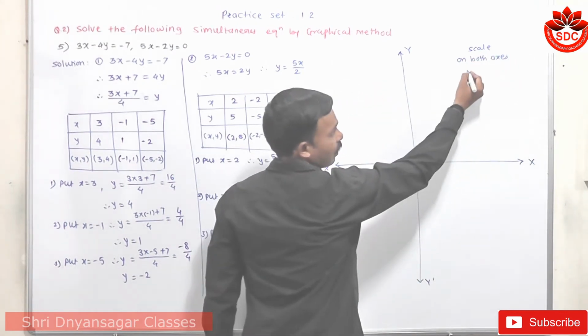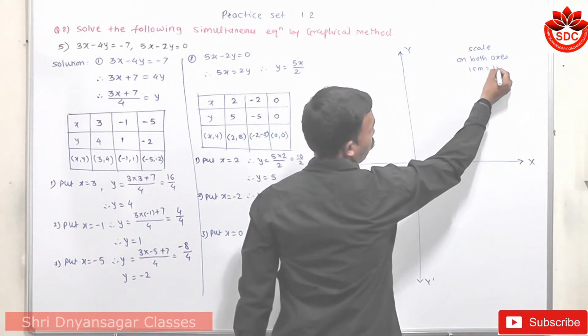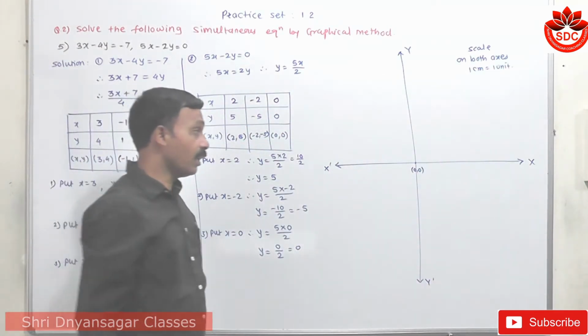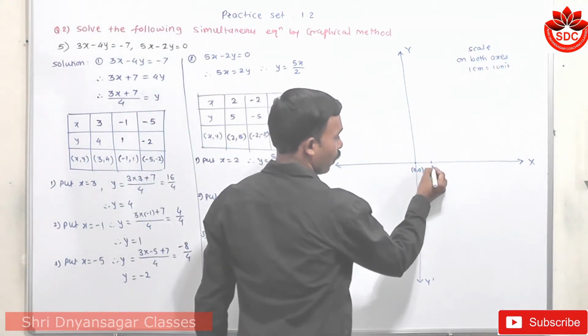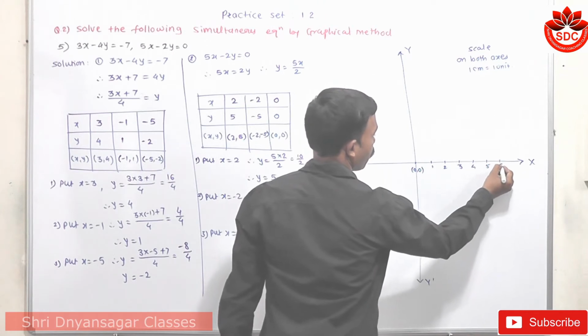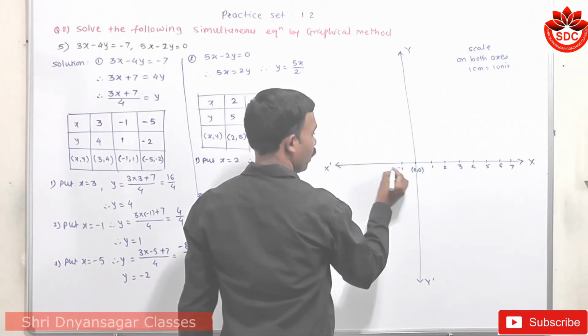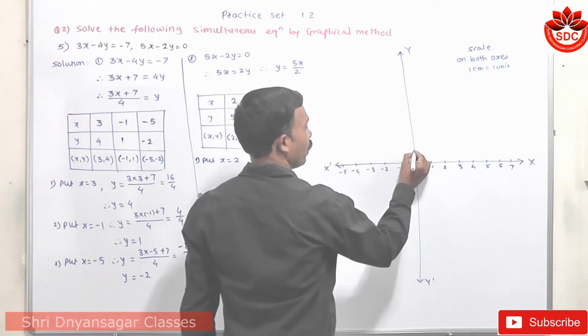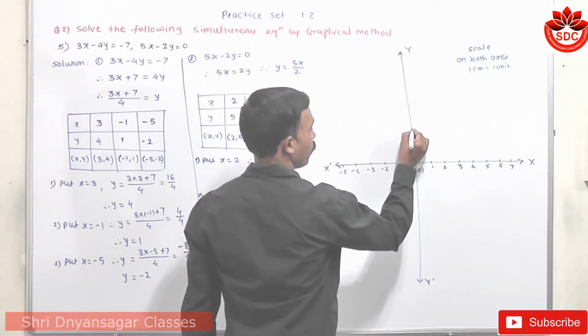On both axes, 1 centimeter is equal to 1 unit. This is the scale. By using the scale, I have to write here 1, 2, 3, 4, 5, 6, 7. Here are the negative numbers: minus 1, minus 2, minus 3, minus 4, minus 5. Above this, there are positive numbers.